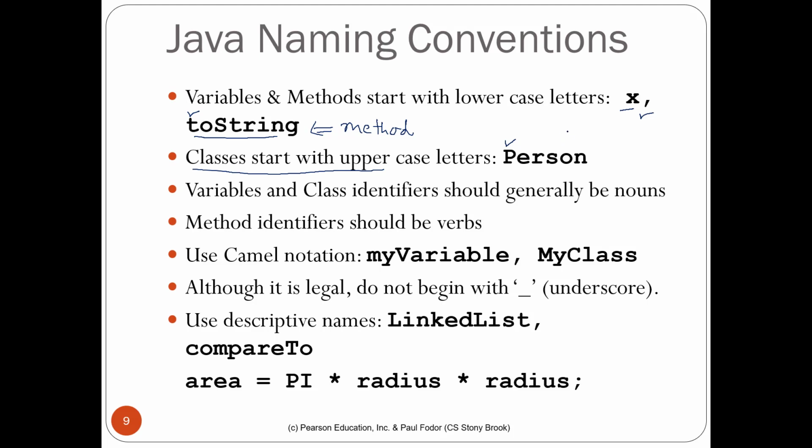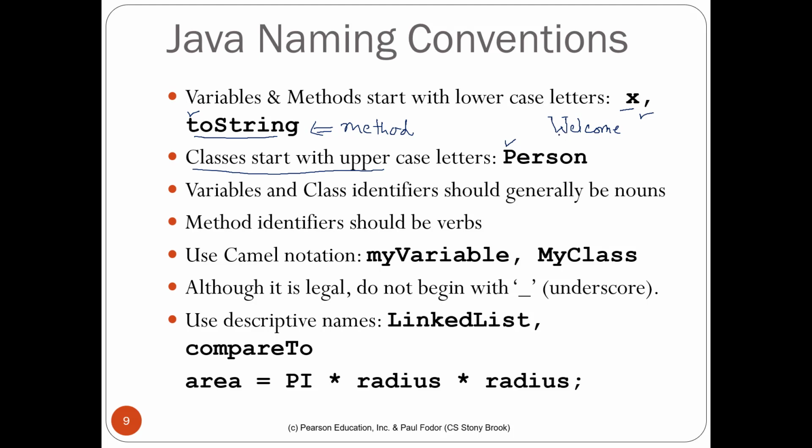capital. If you remember, when I wrote this first demo example, I had W capital in Welcome. Why? Because I want to stick to that notion. So I recommend you start using it.